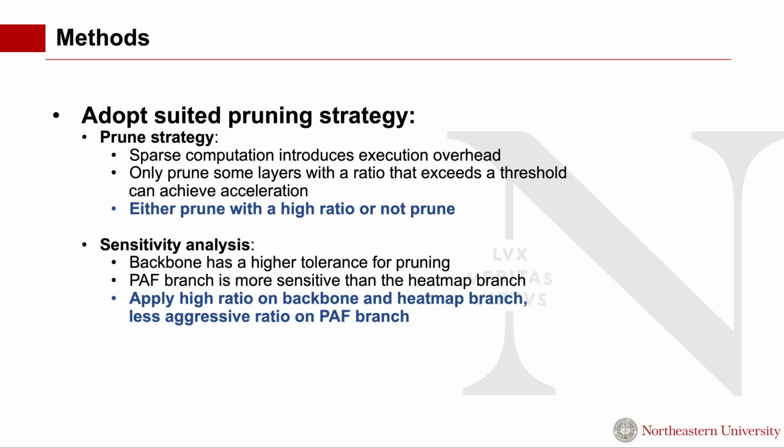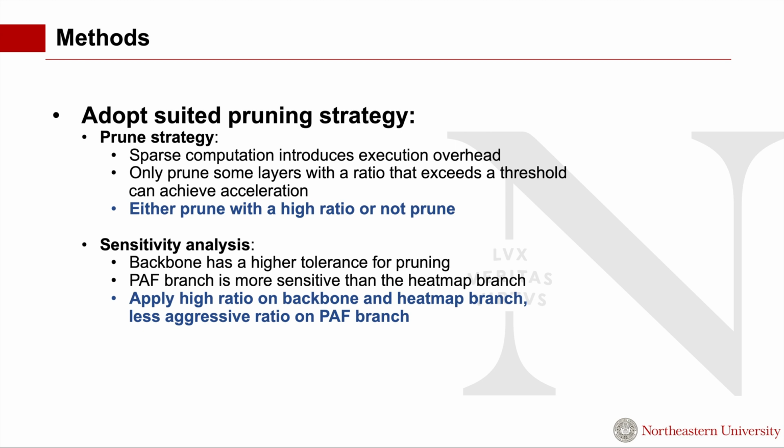For the weight pruning framework, we adopt a suitable pruning strategy in our work. Because sparse computation introduces execution overhead, we only prune layers with a ratio that exceeds a threshold that can achieve acceleration. So, we either prune with a high ratio on a layer or not prune it at all.